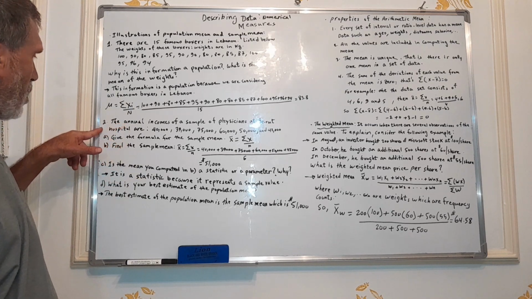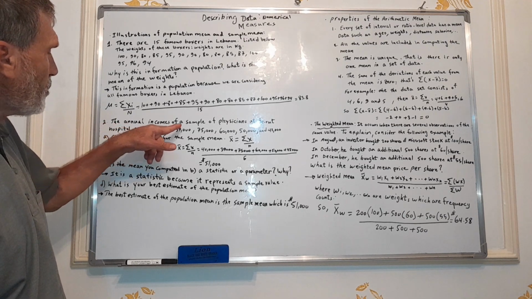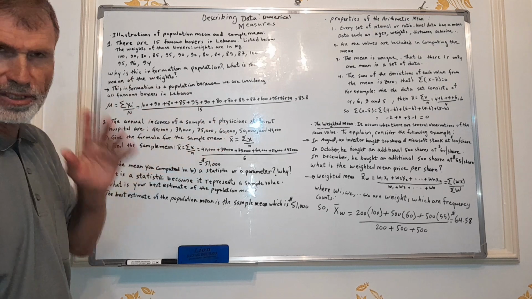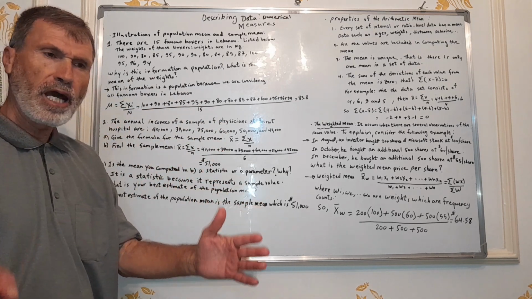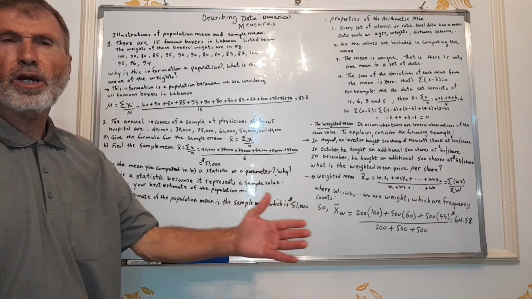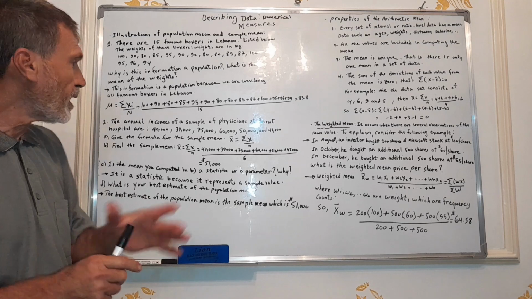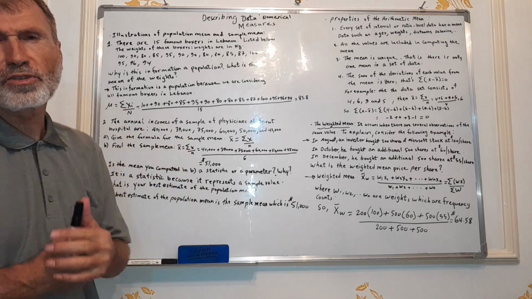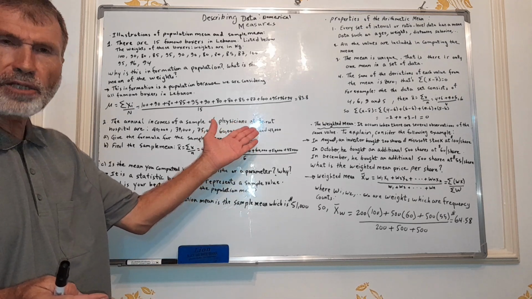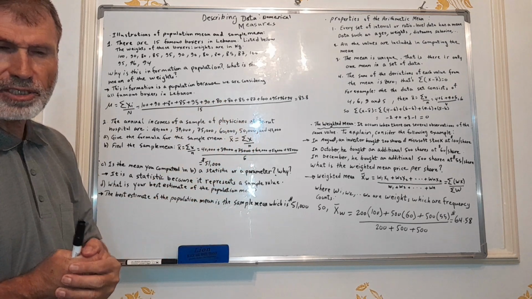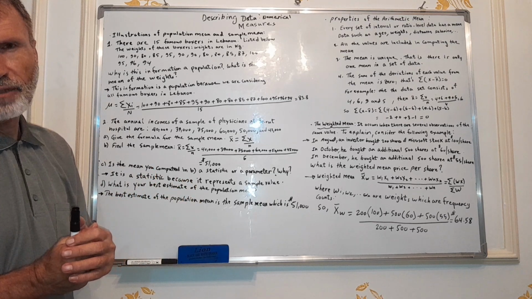Now, the second question: the annual incomes of a sample of physicians at Beirut Hospital. So Beirut Hospital has a certain number of physicians, and we are talking about the annual incomes of a sample of those physicians. Perhaps in Beirut Hospital there are 100 physicians, so we took a sample of those 100 physicians.